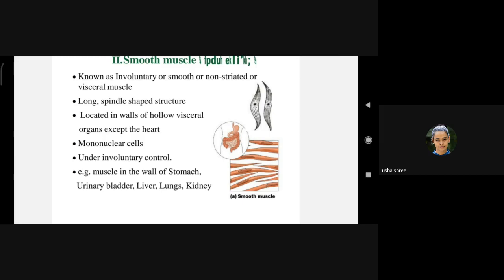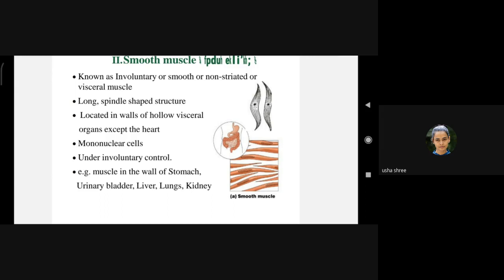They are long and spindle shaped in structure. You can see here they are long and spindle shaped, located in walls of hollow visceral organs except heart. Heart is different. So except heart, our whole visceral area organs, hollow organs like stomach, gallbladder, these all are made up of smooth muscles.